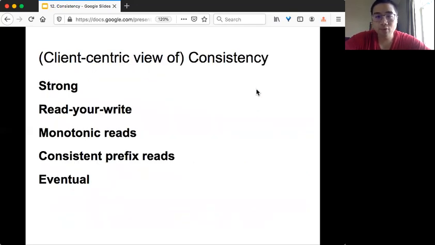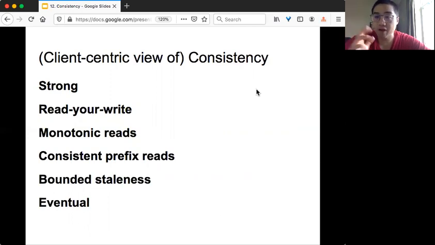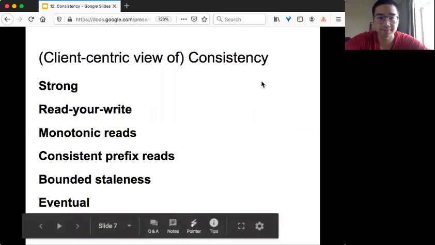Last time we briefly talked about this client-centric view of consistency, and today we follow the discussion with one more model, which is bounded staleness.